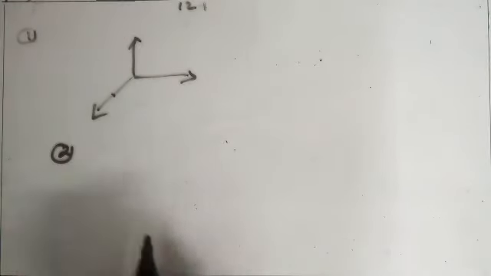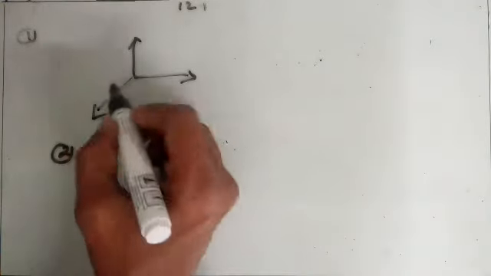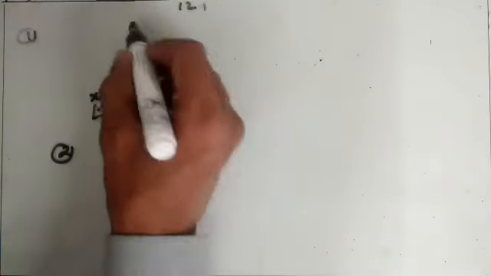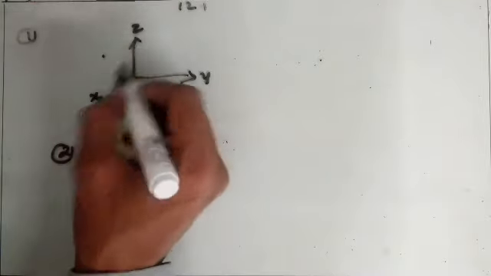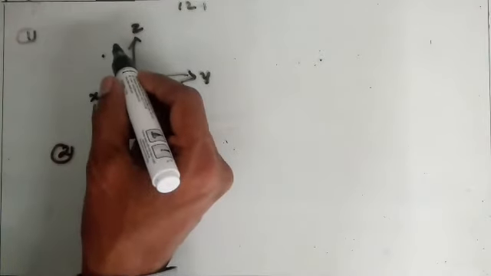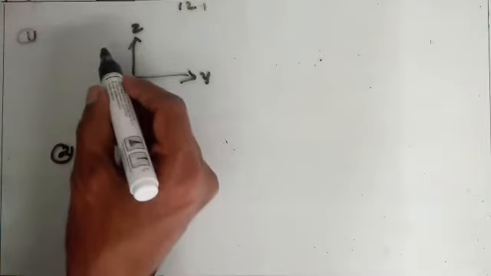Number 2, a point is in xz plane, x, y, z. Point lies in this xz plane, so about its y coordinate, we say that y coordinate is 0.